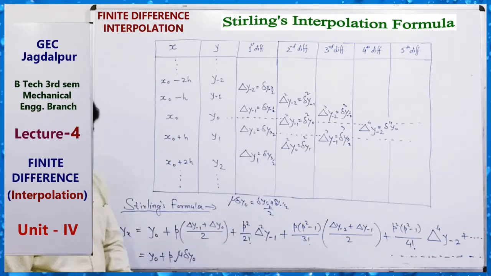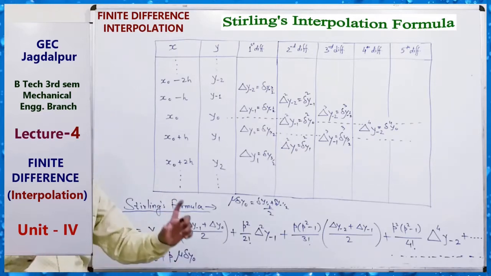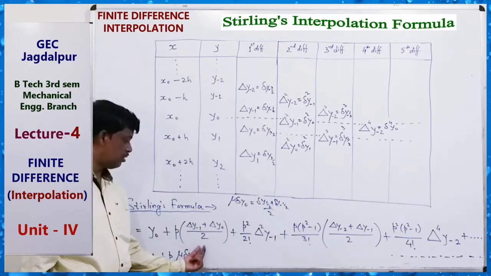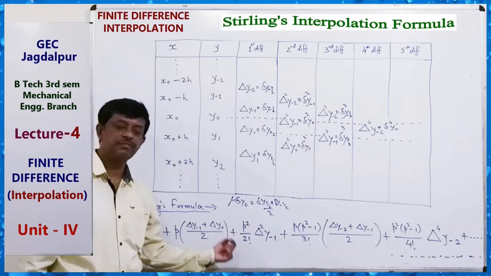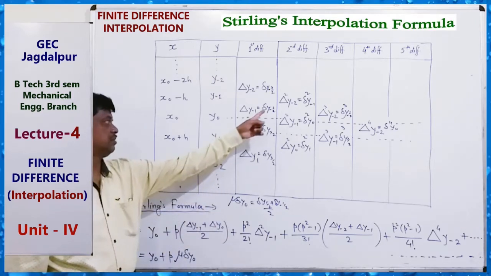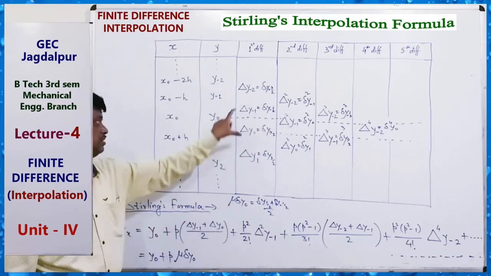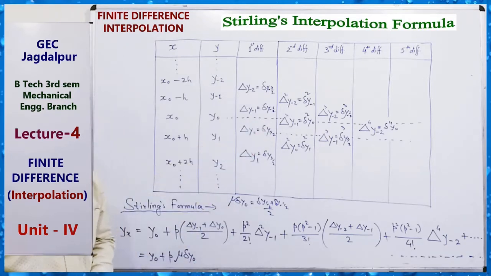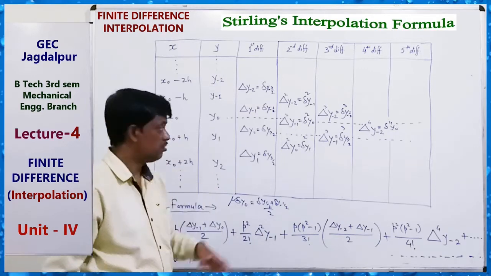Clear? So we can write mu delta y0. Mu delta y0 means delta y half plus delta y minus half by 2. That is the same thing: this plus this by 2. From the table, you just have to use the values only, not the notation.